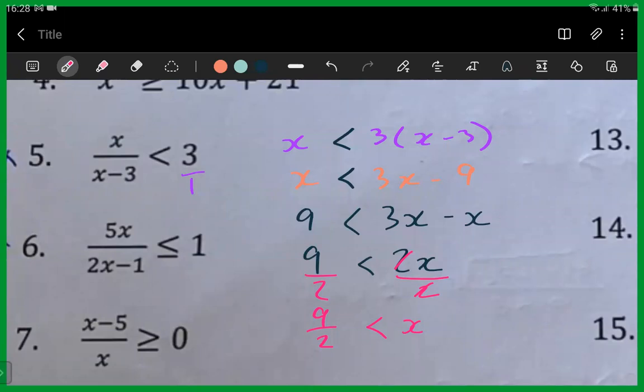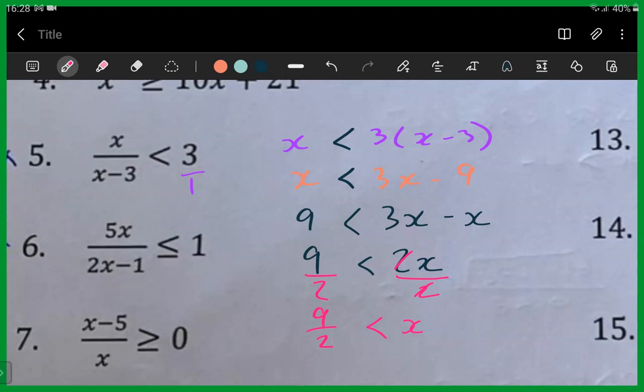Well, what you could also do in this kind of scenario is always double check your answer to see if it makes sense.